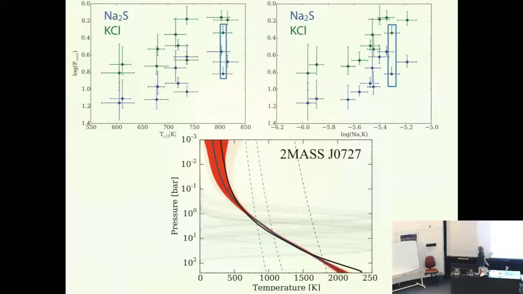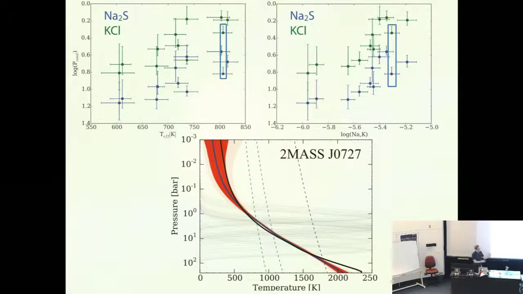The take-home message is that as the cloud moves deeper in the atmosphere, as you get cooler and cooler, the amount of sodium and potassium going into the cloud is larger, so the overall column of gas-phase sodium and potassium is decreased, and so we're retrieving an overall lower abundance.